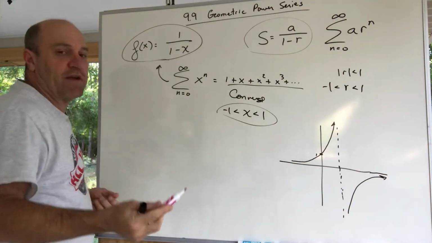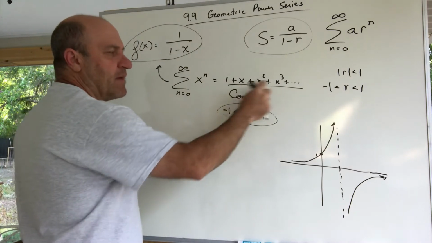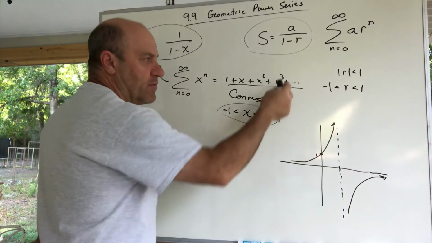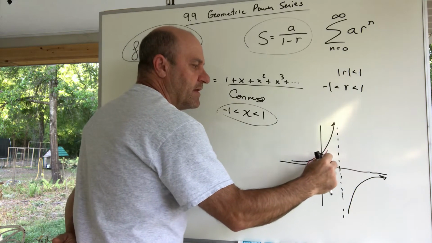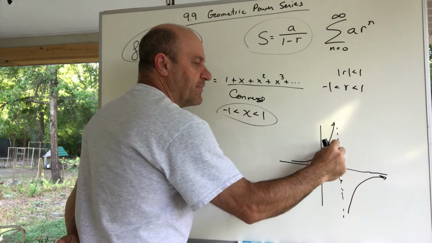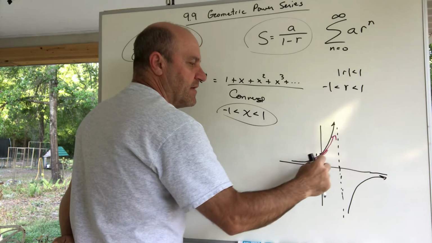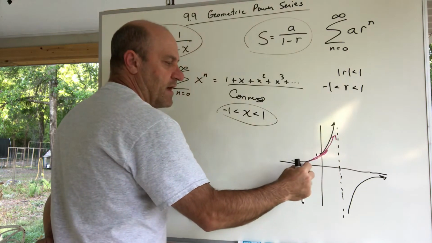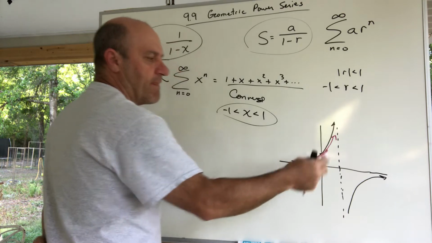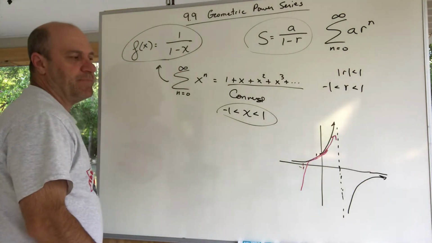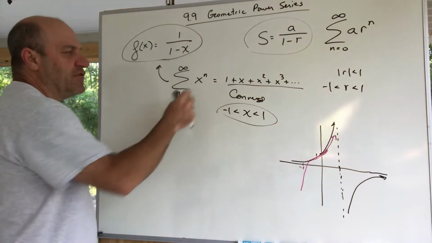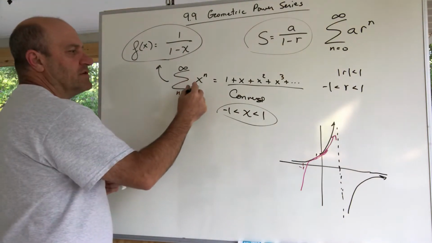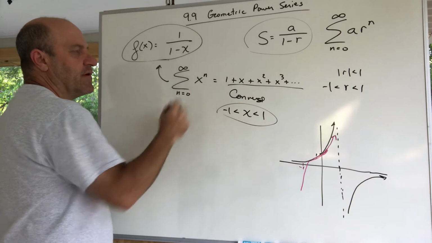That's where it converges. If you were graphing a third degree polynomial, for example, it would come up here and it would kind of match it in here, just from -1 to 1. You couldn't really get it to match over there. By the way, this is centered at 0.